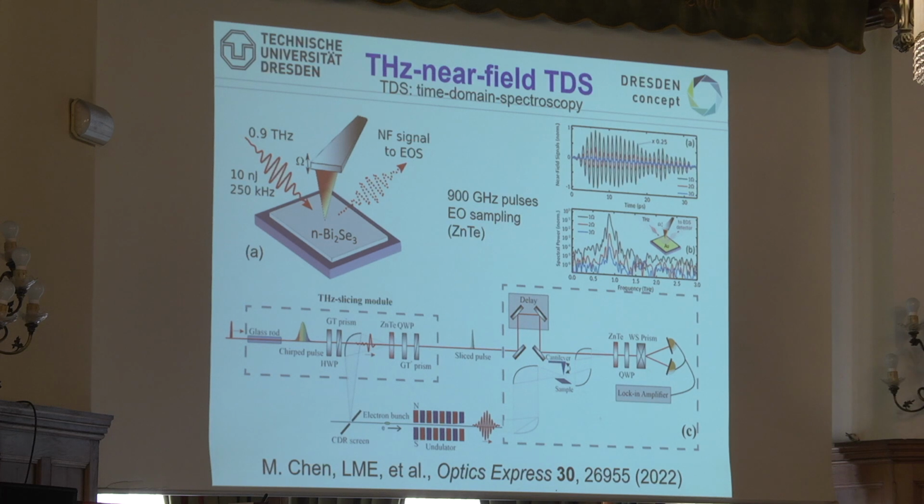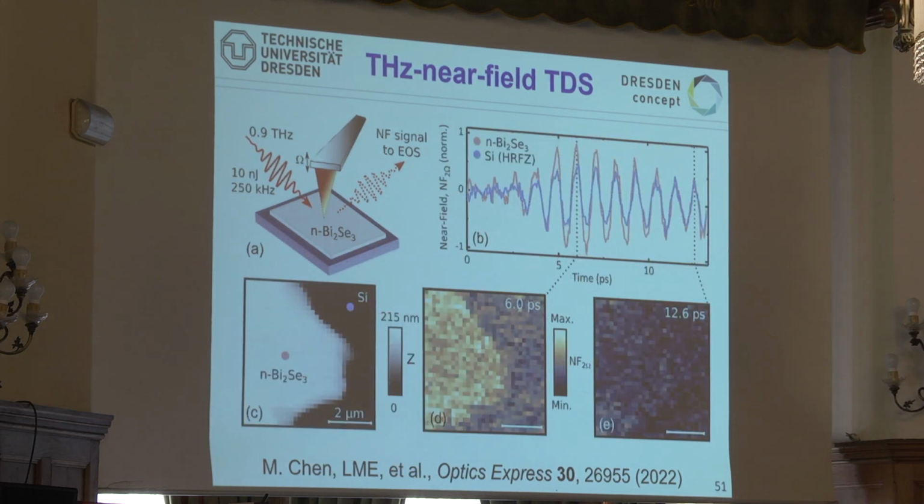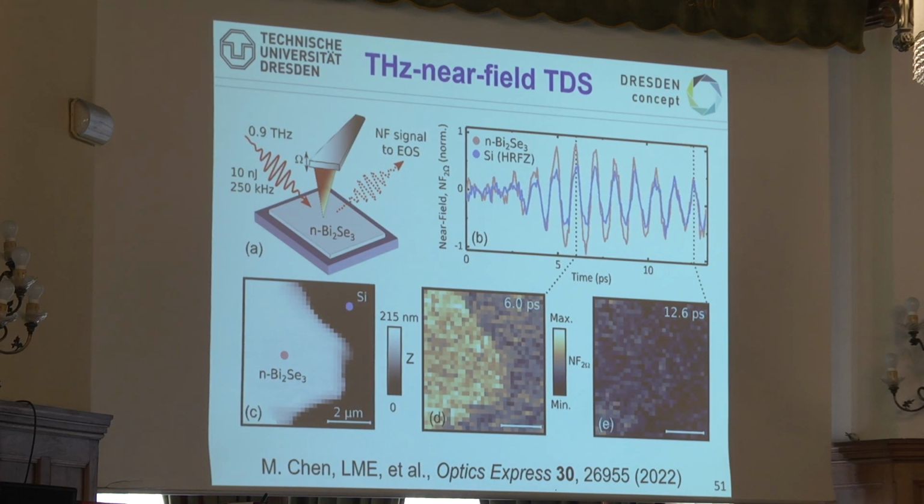And in the end, what we got as a very nice result is that the lifetime of our phonons in this topological insulator material very much depends on how you pump and when you measure. So you can mimic this for any of these scanning probes.